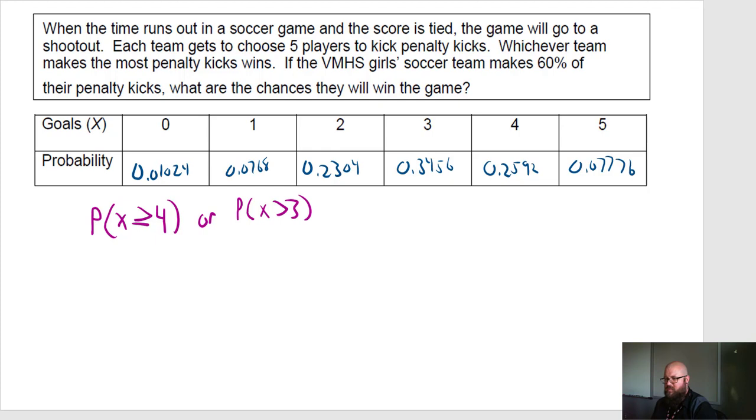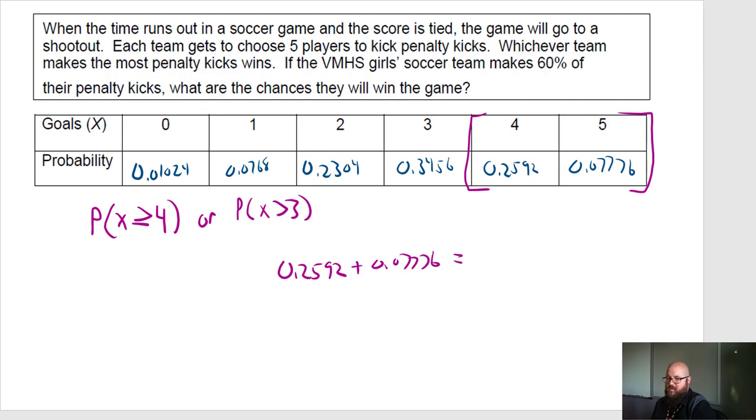In which case, we're looking at the probabilities for making 4 shots or making 5 shots. So if the other team was to make 3 and you wanted to verify that the VMHS girls soccer team was going to win, you'd take 0.2592 plus 0.07776.